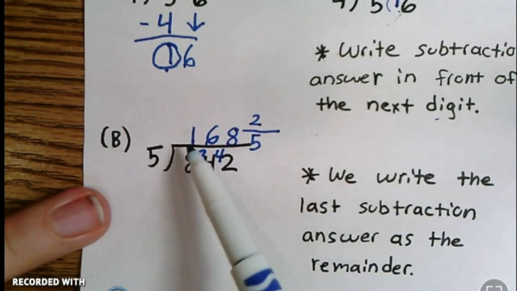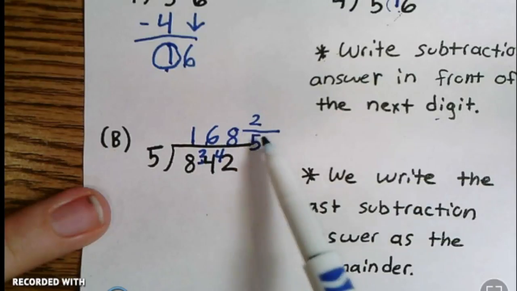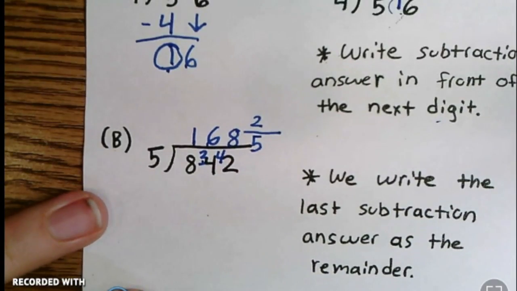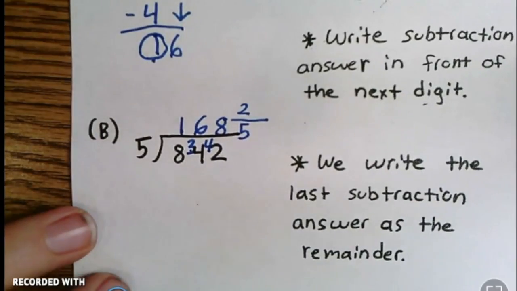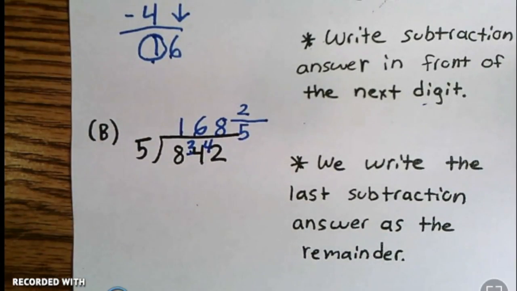So my answer is 168 2/5. Isn't that so fun? I love these. It's so much more fun than trying to write them all out. So what I would like you to do is go ahead and try another one on your own and bring it to class to show me what you can do.